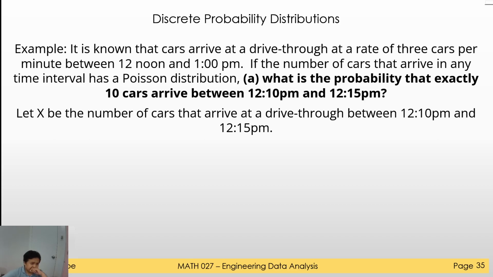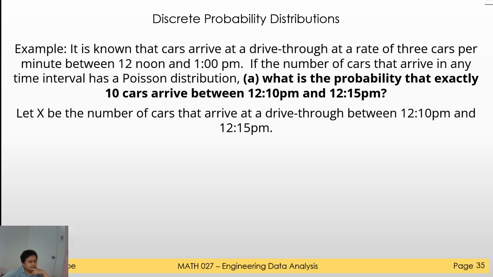So what can you say about this? It is already said in the problem that it will have a Poisson probability distribution. We want to find the probability that exactly 10 cars arrive between 12:10 and 12:15. What is given here?